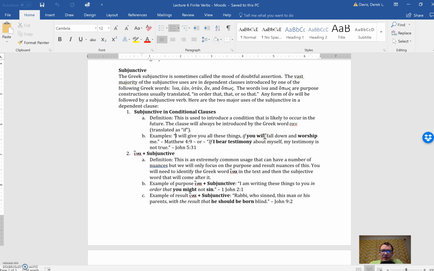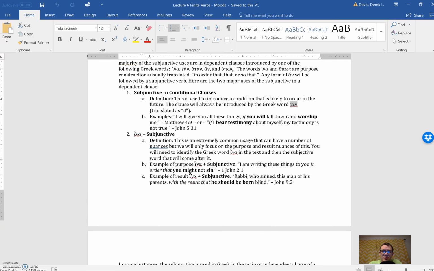However, the thing that sets this apart is that in this case, the Bible software will tell you this is in fact a subjunctive. And so that "if" will be a different Greek word that you'll see, and I'll show you how to look for that as well. And this is ean. Ean will always be paired with a subjunctive. So it'll tell you it's a subjunctive, and you'll just note that it's a subjunctive in a conditional clause if it's paired with the word ean, "if."